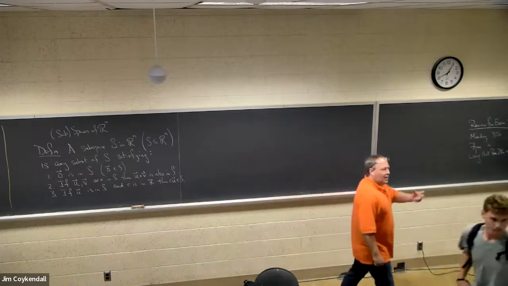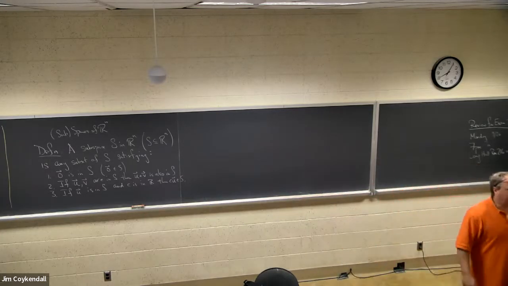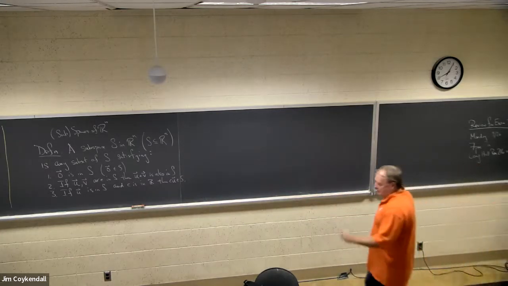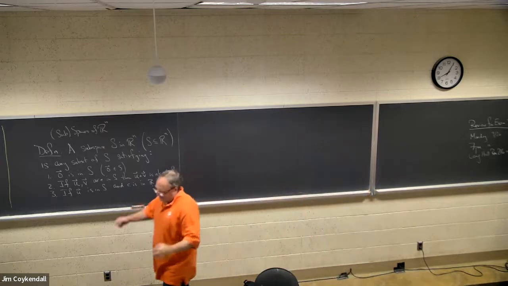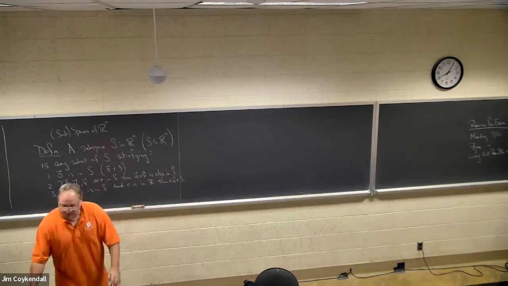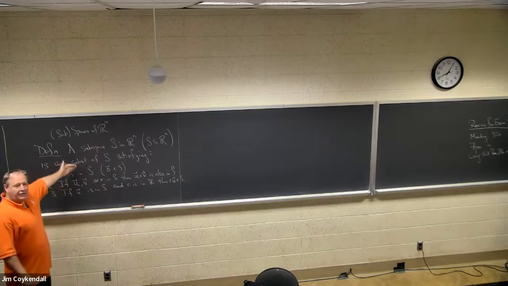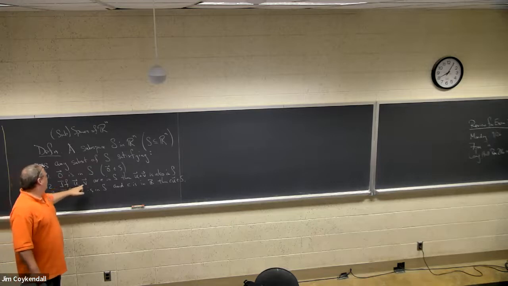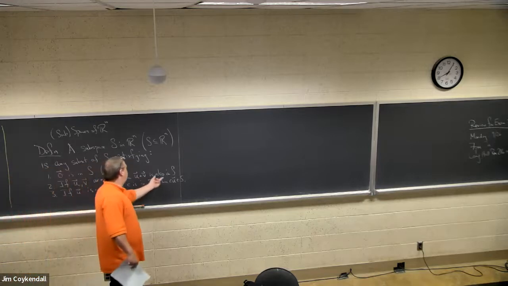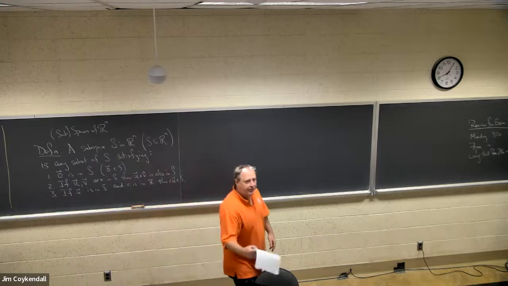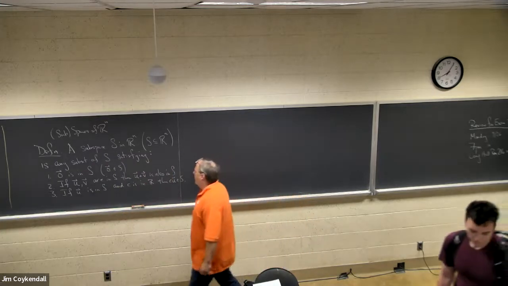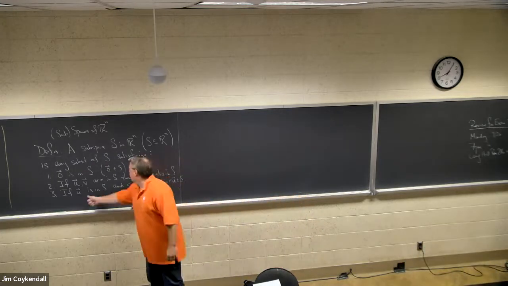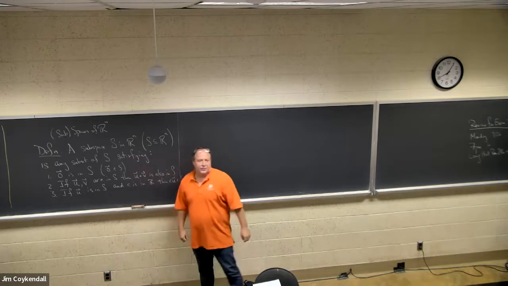That is to say, when you take any vector that's in the subspace and multiply it by a constant, it's still in there. So basically, here are the rules. Anything is a subspace if it has a zero vector. When you add two vectors in there, the sum is still in the subspace. And when you multiply any vector in the subspace by any number, it's still in the subspace.